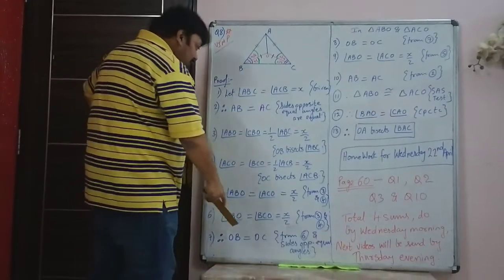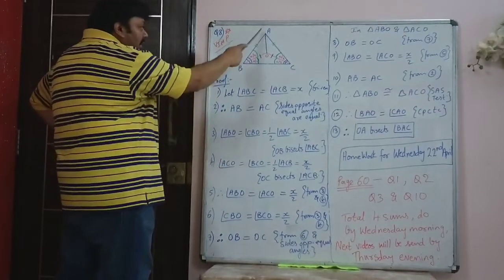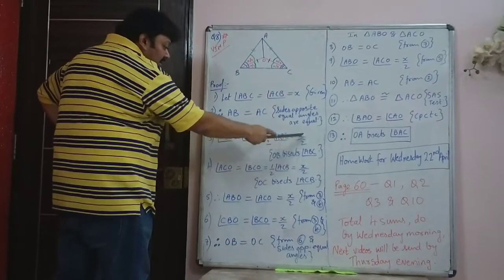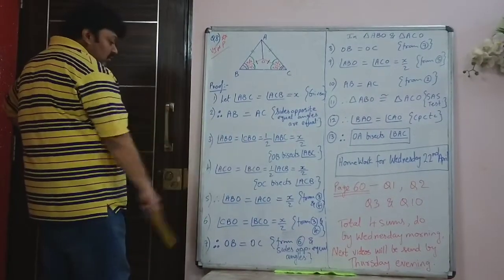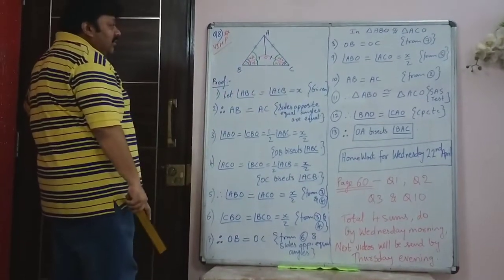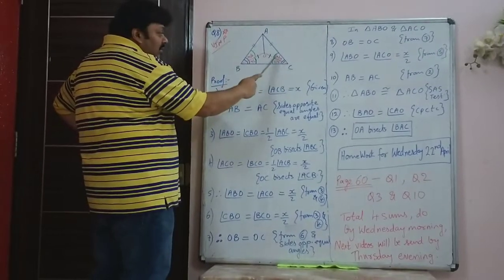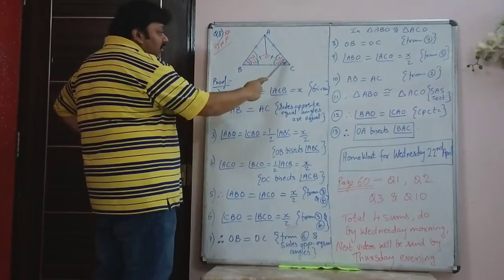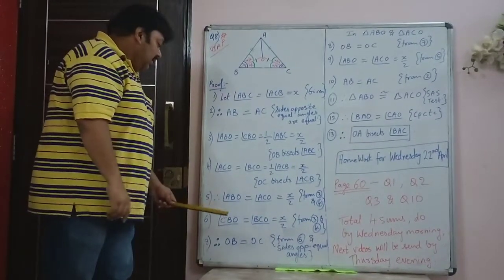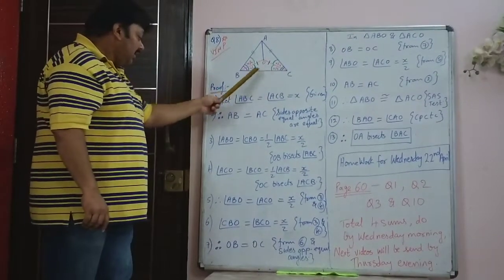So therefore you have these two angles ABO and ACO. ABO and ACO are equal, both are equal to x by 2. And because these two angles, OBC and OCB, are also x by 2, that is what you have written, CBO and BCO are x by 2.